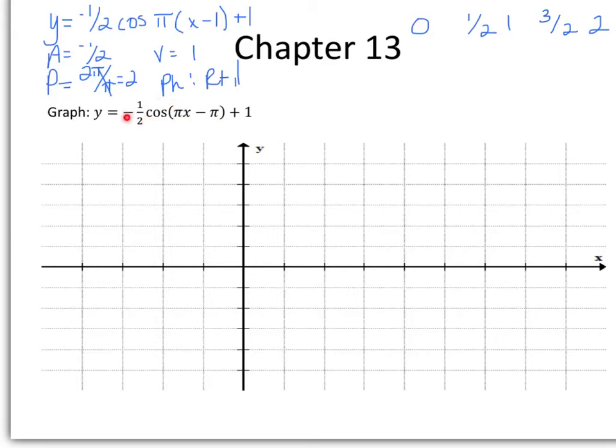This is a cosine, so we know the pattern of cosine starts at 1. Next, we multiply the amplitude. After that, we add this vertical shift.